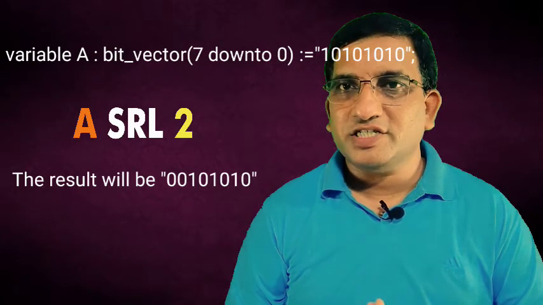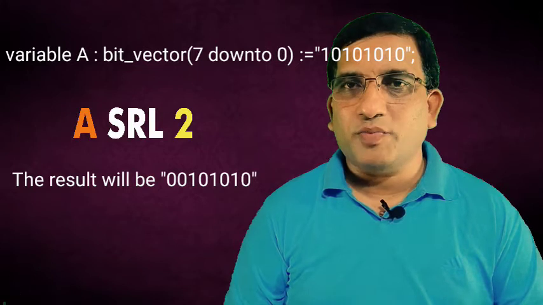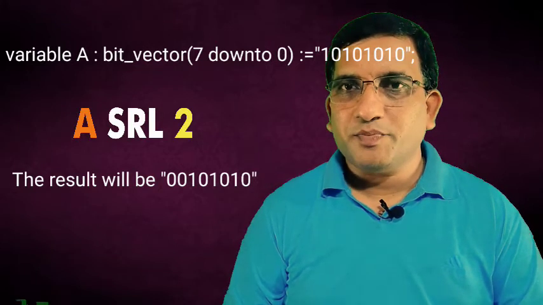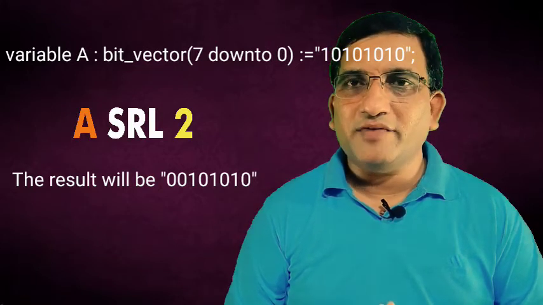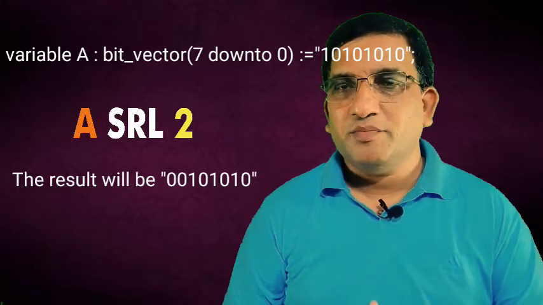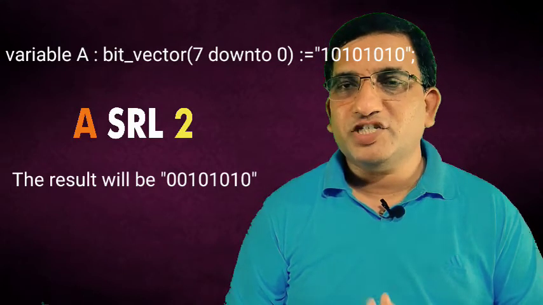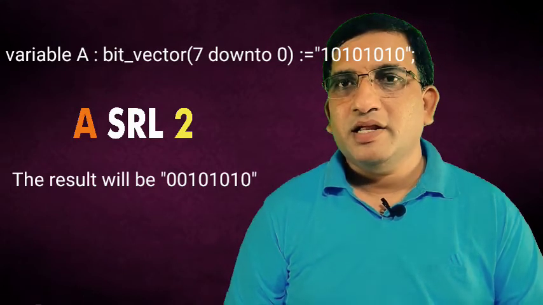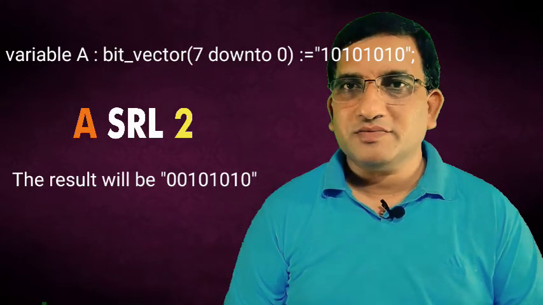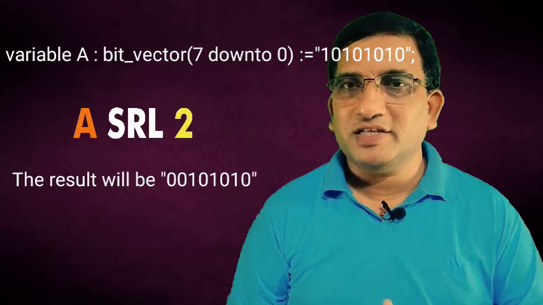SRL stands for shift right logical. So when I use this operator, the bits present in the a variable will be shifted right logically by 2-bit positions. And when any data is shifted to the right by some bit positions, the vacant places will be filled with 0.